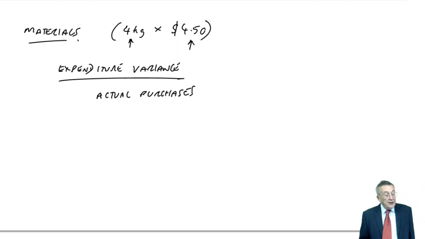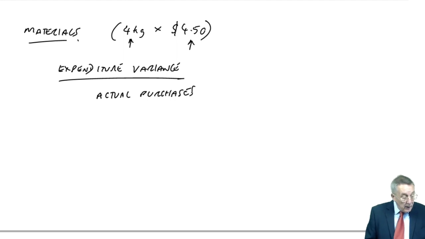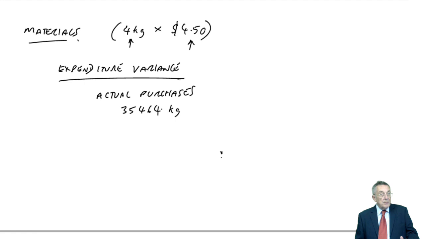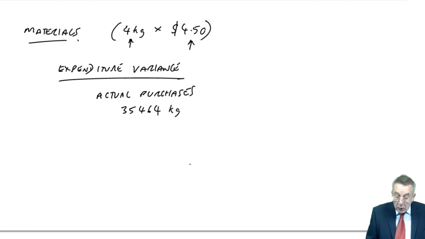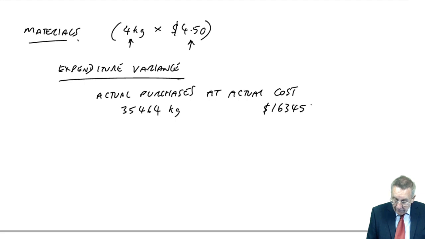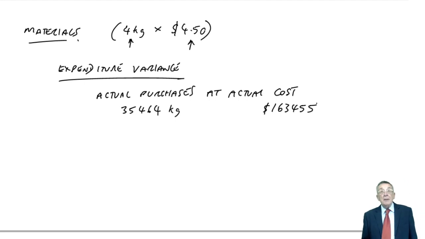Look at the question. If you look at the actual results, we actually bought 35,464 kilos. For the minute, I don't care whether that's more or less than it should have been. That's what we bought. And we compare what we actually paid for it. Well, the actual cost, it's told us, is 163,455. So that's what we paid for them.